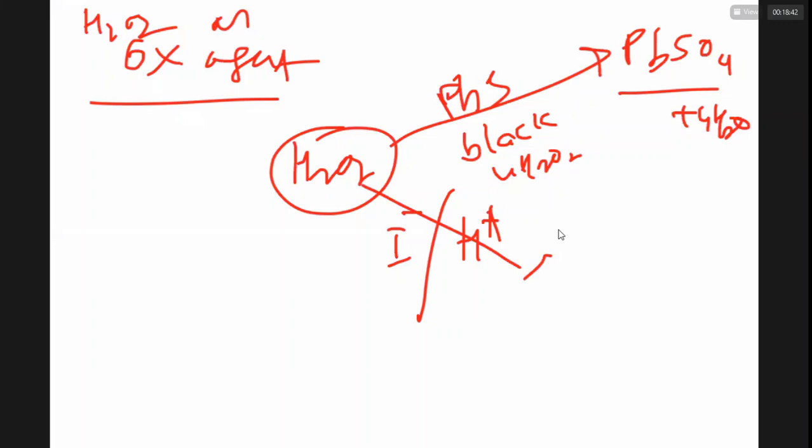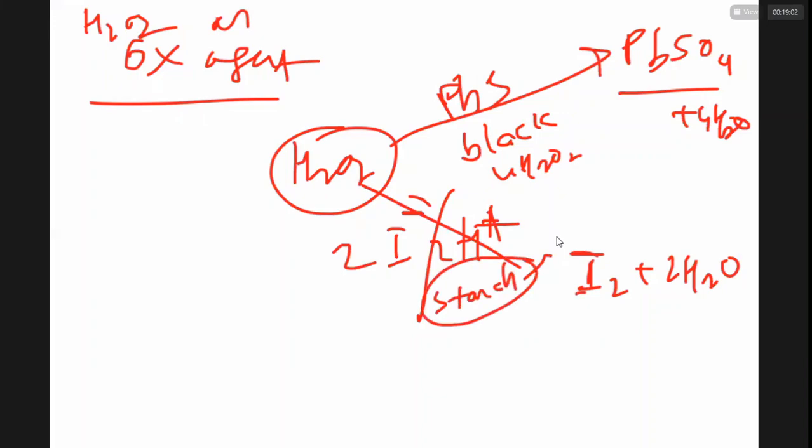If you change the medium, reaction will not happen. 2 iodide ions in presence of 2H plus, you get iodine and 2 water. So iodide ion, which has minus charge, is sacrificing the electrons to H2O2 and becoming I2. If you are adding starch solution to it, starch has no color with iodide, but when the reaction is over, it gets violet color, blue-violet.